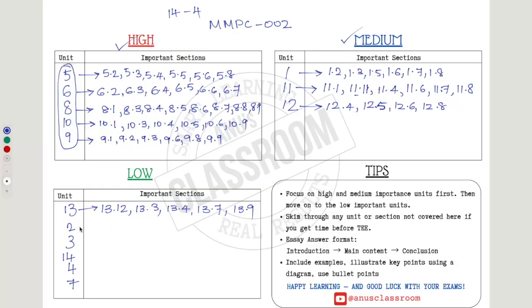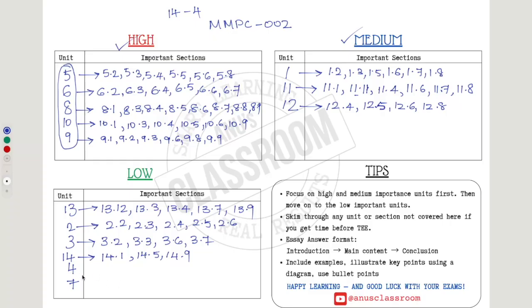Okay, so coming to unit number 2, you can focus on 2.2, 2.3, 2.4, 2.5, and 2.6 before you handle any other sections of this unit. Okay, and in unit number 3, focus on 3.2, 3.3, 3.6, and 3.7. In unit number 14, concentrate on 14.1, 14.5, and 14.9.